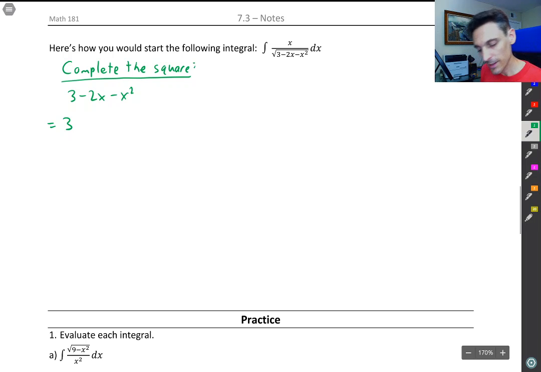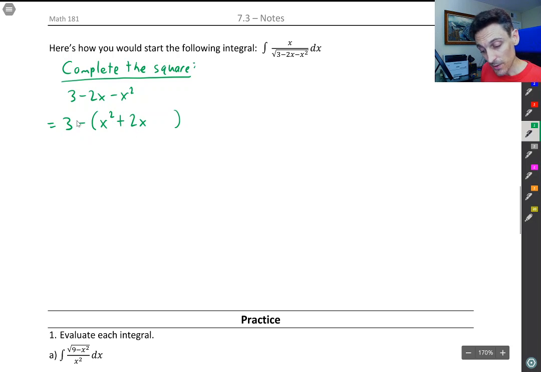So the 3 we're going to leave out here, and then the two variable terms, what we're going to do is factor out the coefficient in front of the x squared, so that's a negative. And I'm going to go ahead and flip the terms around, so we have the x squared first, and then we have plus 2x next. It's the same thing. If you distribute the negative back, you'll get the negative x squared, and you'll get the negative 2x as well. They're just in a different order.